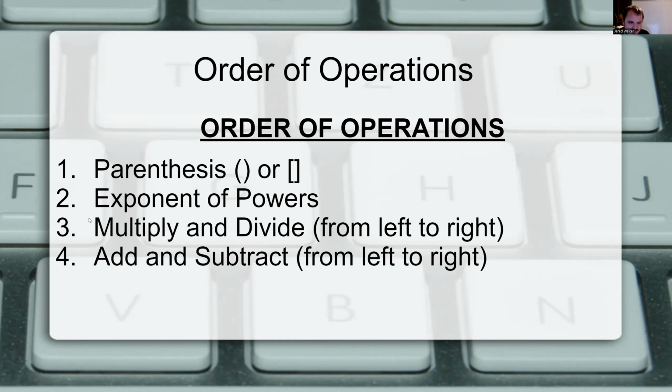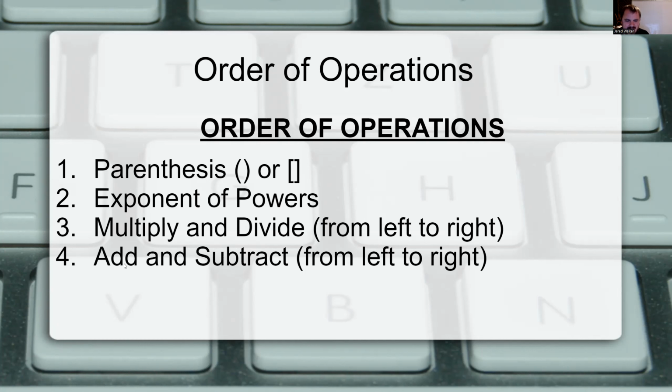So we have P, we have E, and then we have M, D, A, S. The next thing you do is multiply, and the next thing that you do is divide. This is a key point: for multiplication and division, you do them from left to right. Whichever one comes first, as you read from left to right, is the thing you have to do first.